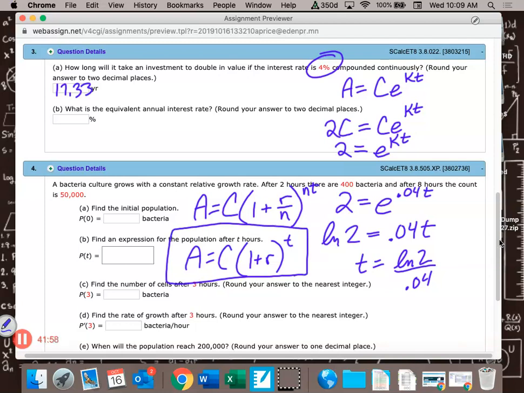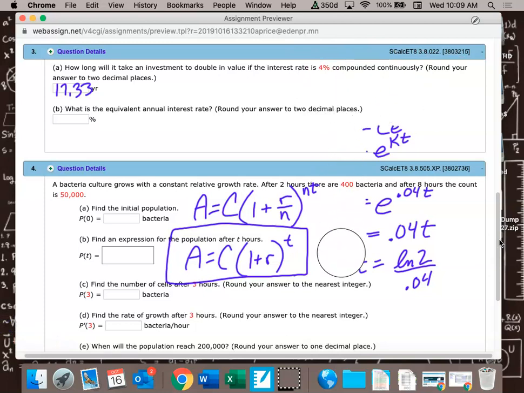Now, what are they asking us to solve for? The R, the rate, right? So we can't use the 0.04 because they actually want us to find R. So here's what we're going to plug in. So I'm going to erase this stuff so I have space.